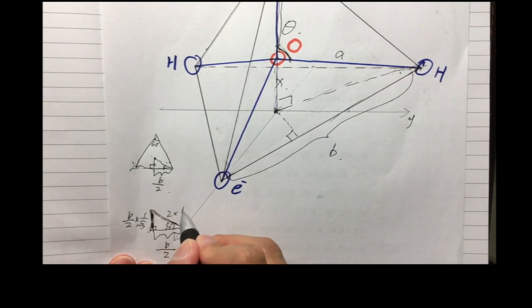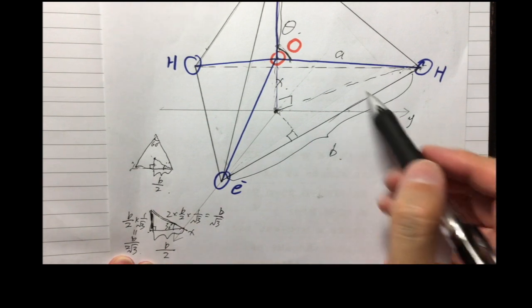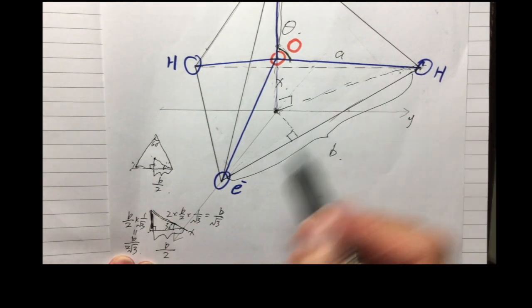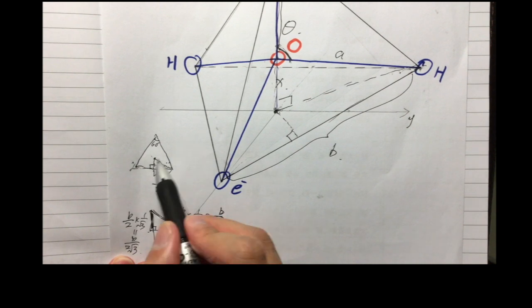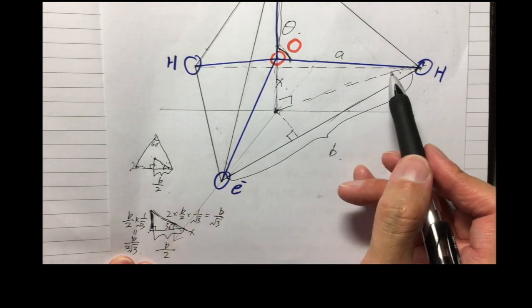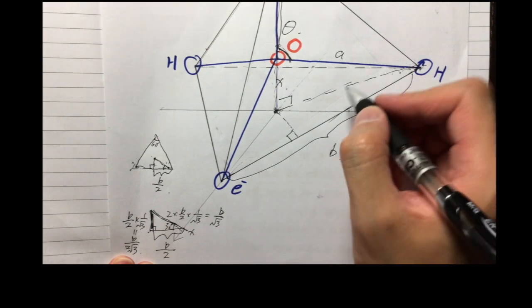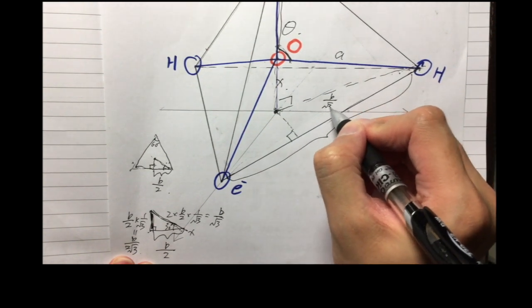So it will be 2 times b over 2 times 1 over square root 3, which will be b over square root 3. And this length will be b over 2 square root 3, right? So in this shape, we just shift this line to here, which is b over square root 3 length.